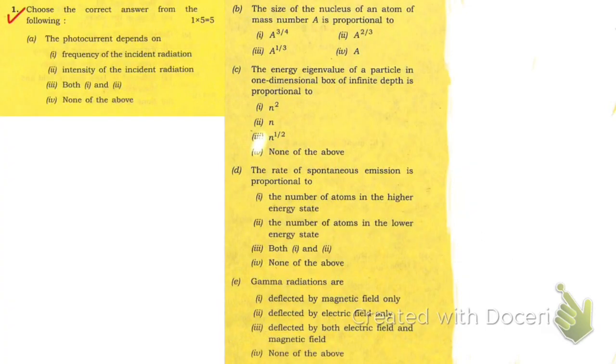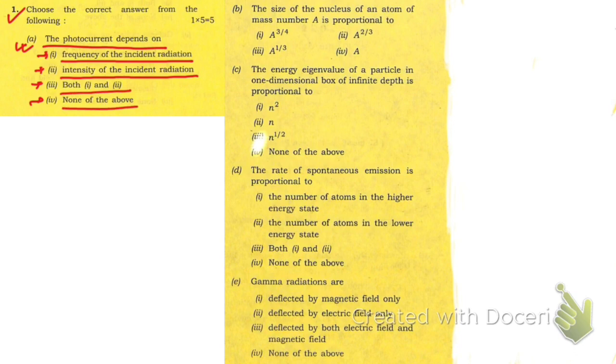So now let's start. Here is the first question. We need to choose the correct answer. The photocurrent depends on, this is question number 1a. These are the options: first, frequency of incident radiation; second, intensity of the incident ray; third, both 1 and 2; and none of the above, last one.